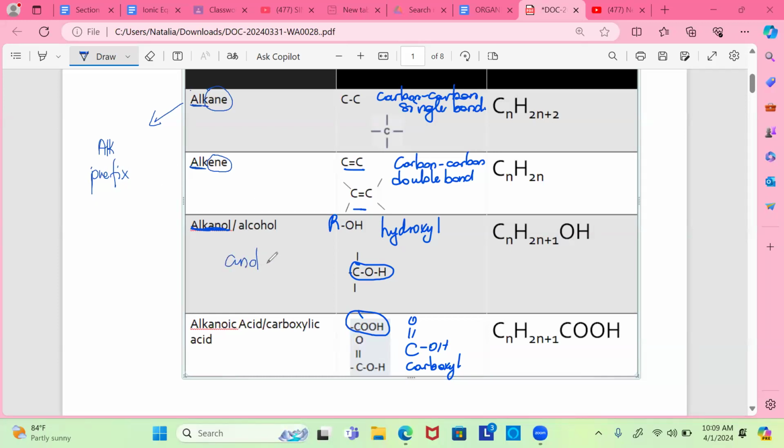Any compound that ends in anol, we know it comes from the alkanol or the alcohol. Any compound that ends with anoic acid, we know those compounds come from the homologous series alkanoic acid or carboxylic acid. Are we clear?